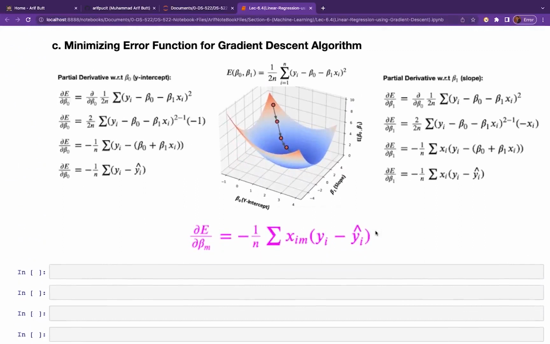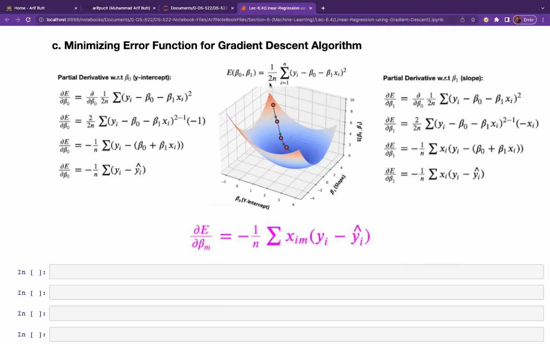My dear students, consider this three-dimensional graphical representation of the error function for simple linear regression having single input feature. In literature, you may see this error function value being divided by 2n as I have shown over here. Well, the n in the denominator makes the sum of the squared errors to mean squared error.